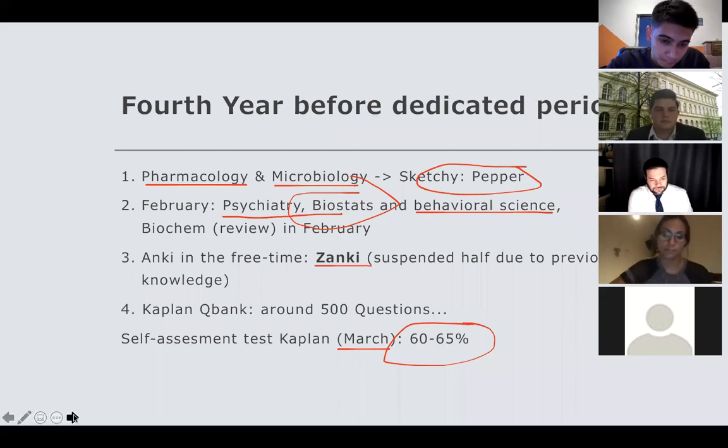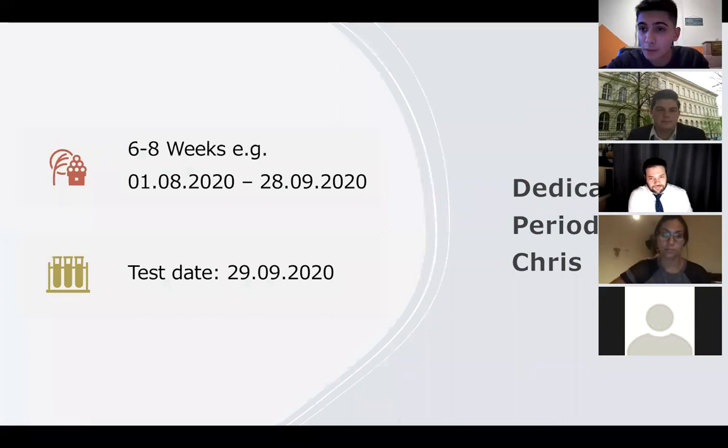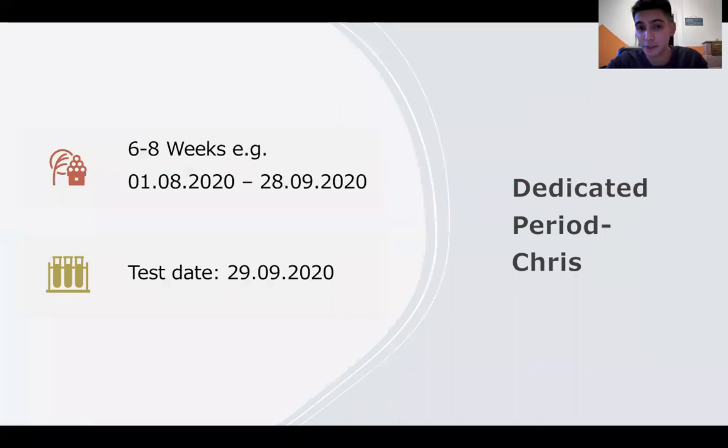And so now, interestingly, now to my dedicated period. Of course, the pre-dedicated period is very important because it builds your foundation. Ideally, before the dedicated period, you want to have studied at least once all the material that is required for you in the exam. You don't have to know everything 100% because you will learn a lot during your dedicated period.